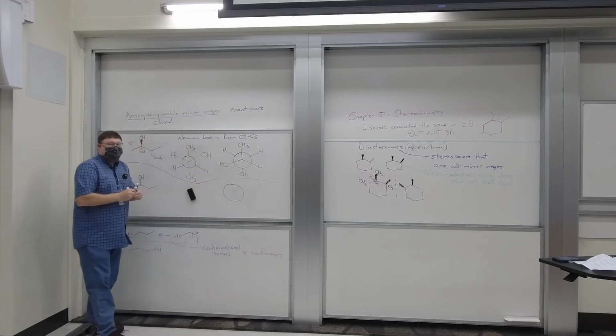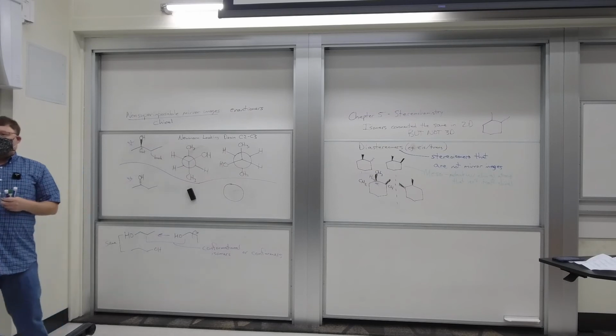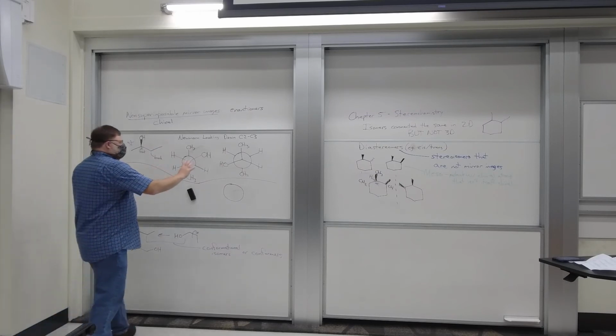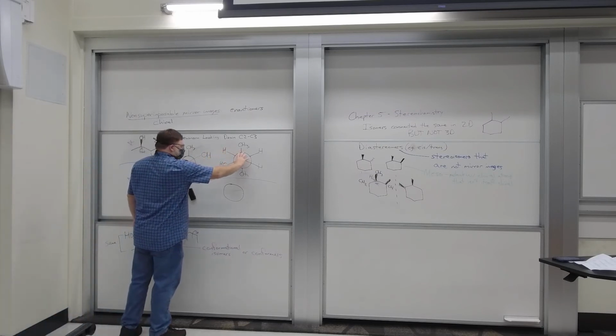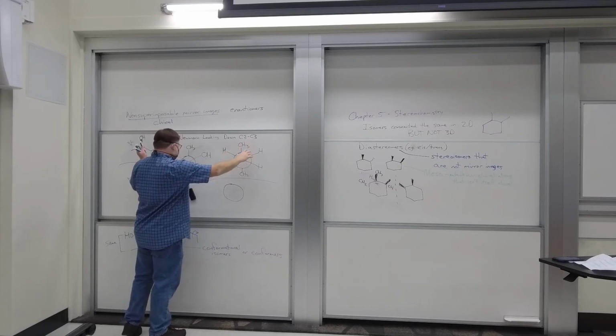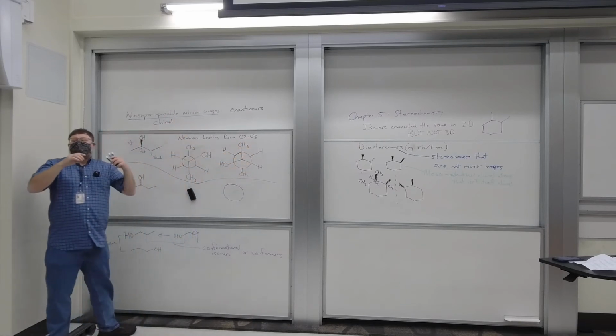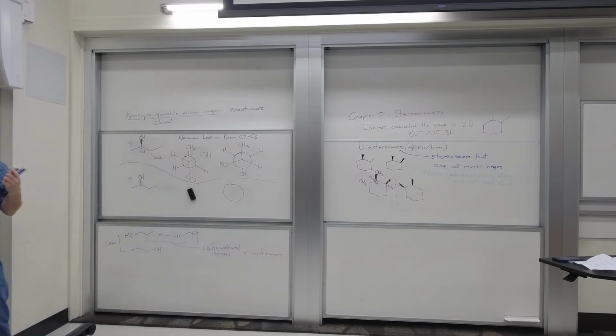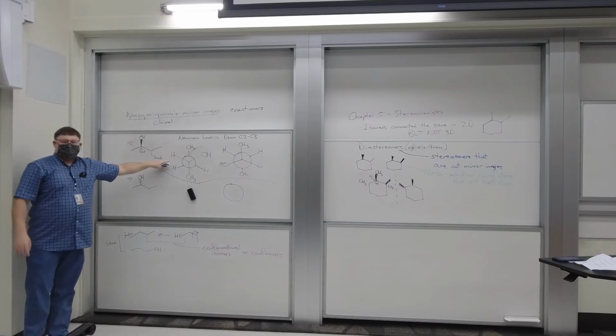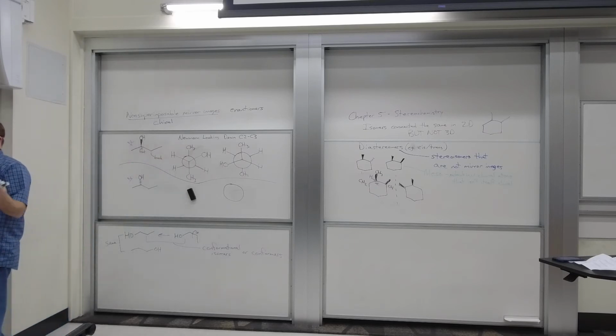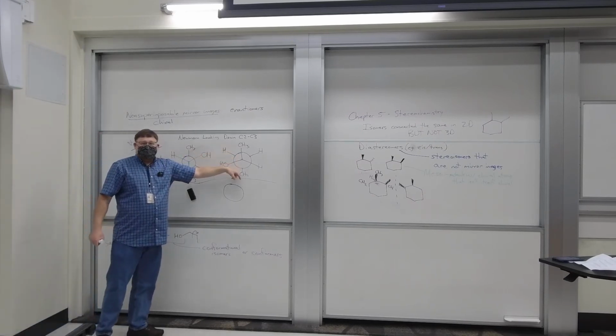And this goes back to the original thing we did in the class about superimposing. So if I took this Newman on the right here and I spin it 180 degrees, not spin around the bond, but take the whole structure and spin it 180 degrees, I get this structure. Now they're superimposable simply by moving the thing around. They're the same structure. You could, in fact, have the OH going down.